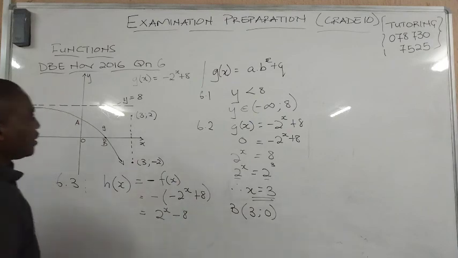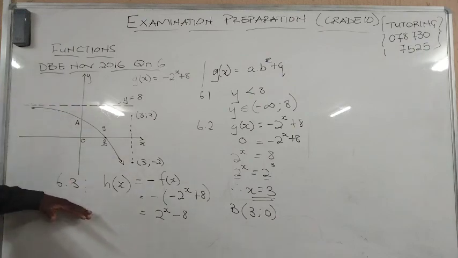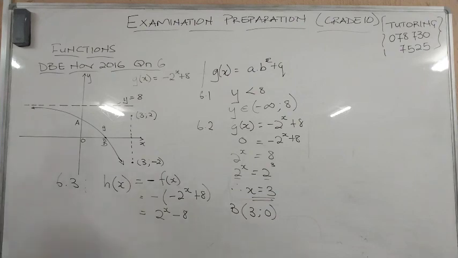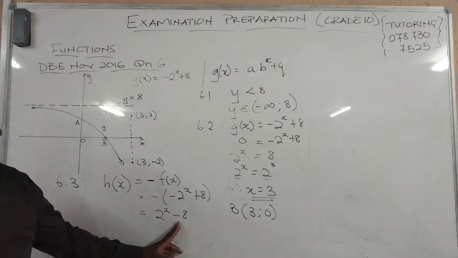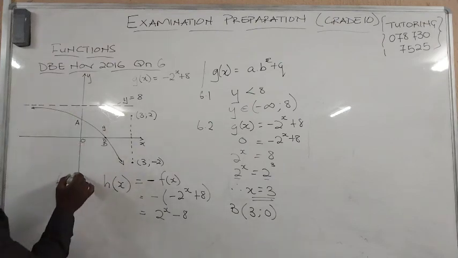And you can even tell that this asymptote will now be on this side, at y equal to negative 8. So it's also expressed here. And also the graph will now be above the asymptote line. So basically, if we reflect, this will be down here at negative 8.